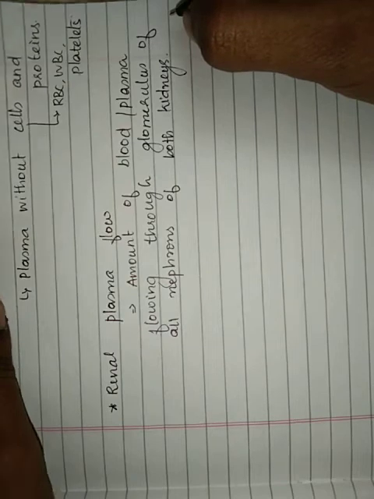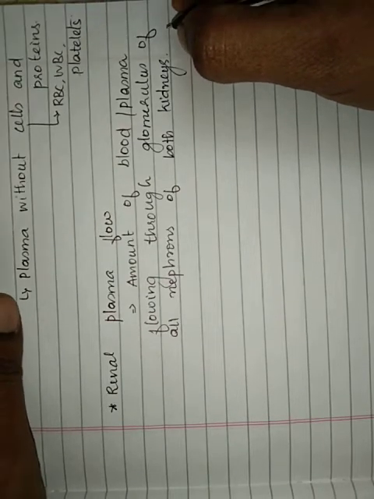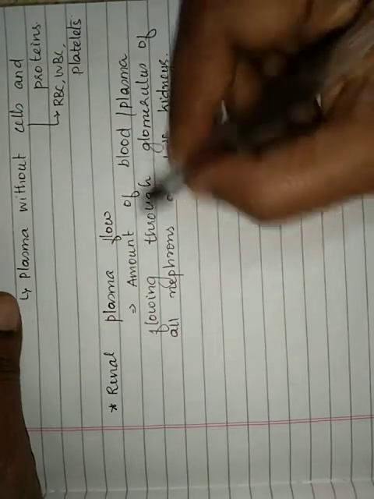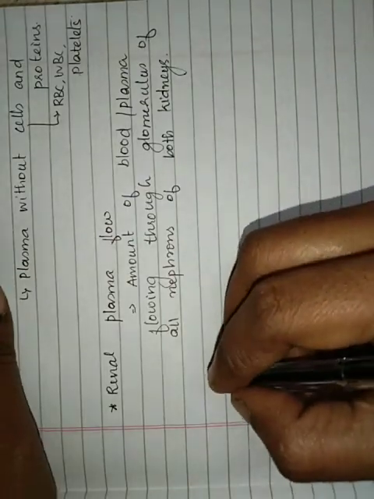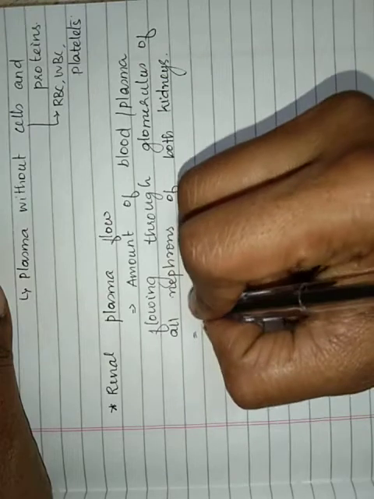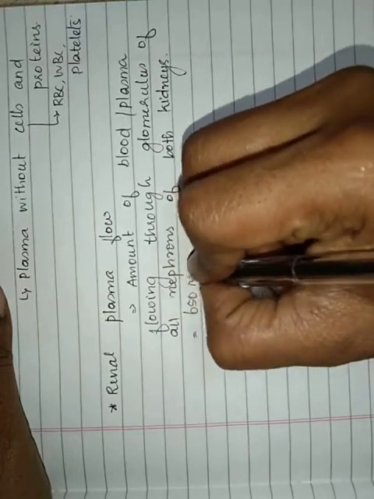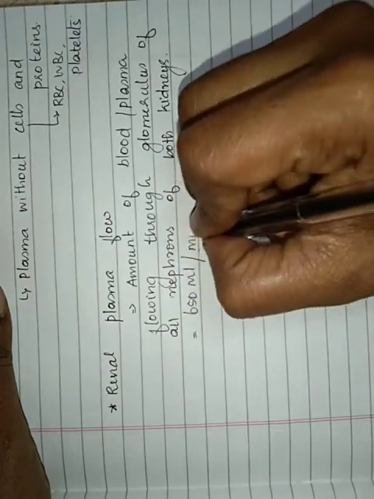So மொத்தமாக எல்லா glomerulus-லேயும் எவ்வளோ blood flow ஆகுது அப்படிங்கிறது தான் renal plasma flow. This is equal to 650 ml per minute. So within a minute there would be 650 ml of blood flowing through all the glomerulus present in all nephrons in the kidney. So that is renal plasma flow.